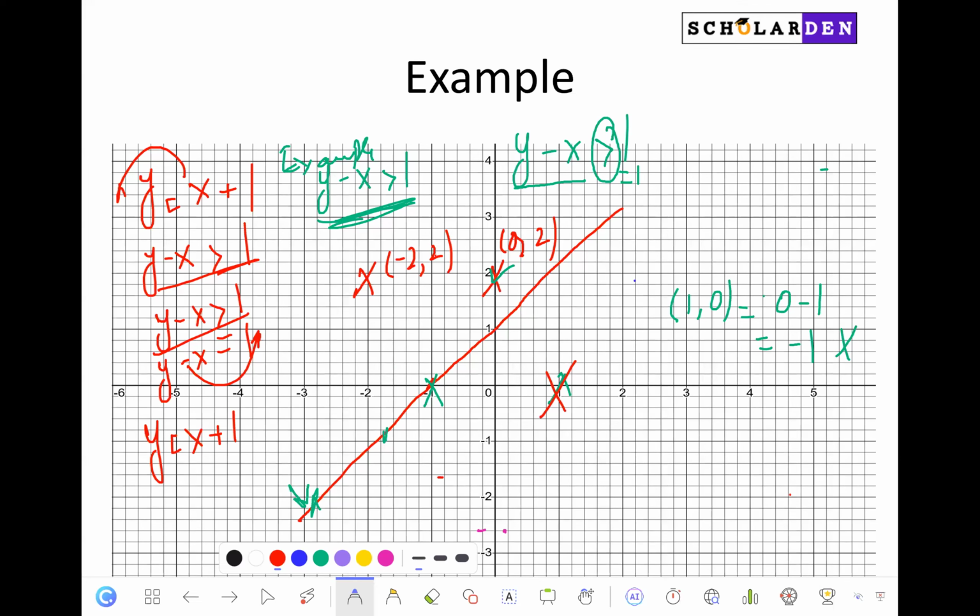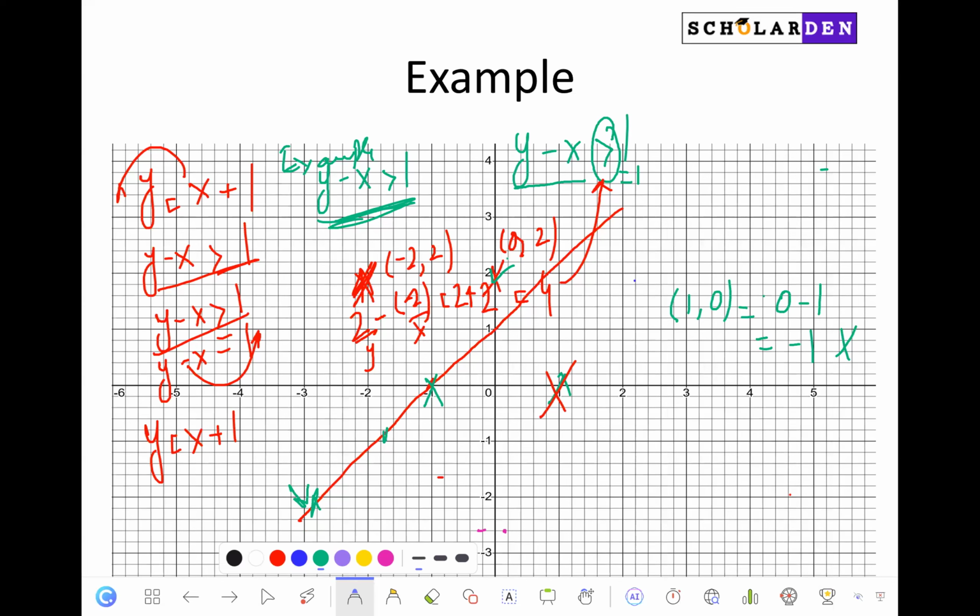So y minus x: 2 is the value of y, minus the value of x, which is -2. So 2 minus -2 becomes 2 plus 2, which is 4, and greater than 1. So this point is valid.